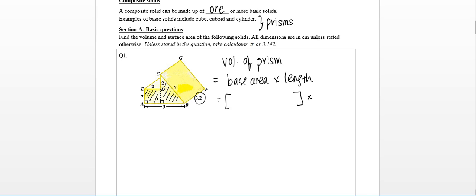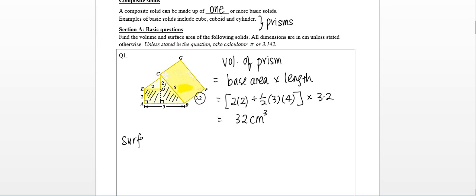So the area of the square will be 2 times 2, and the area of the triangle will be half times base, which is 3, times height, which is 4. We multiply it by its length and key this entire expression into the calculator. The calculator tells you that the volume is 32 cm cubed.